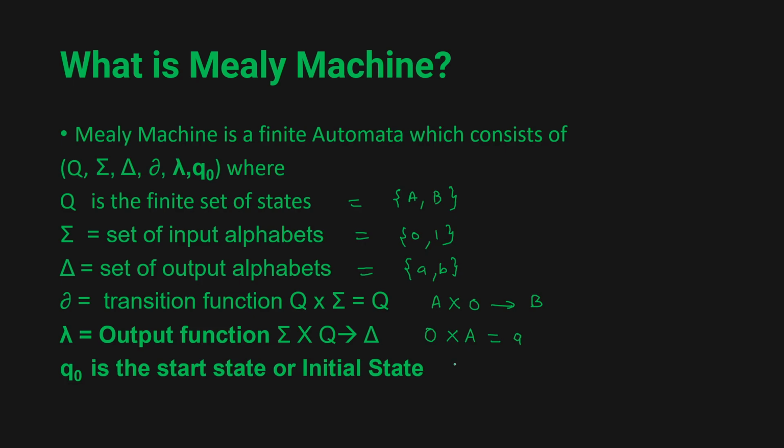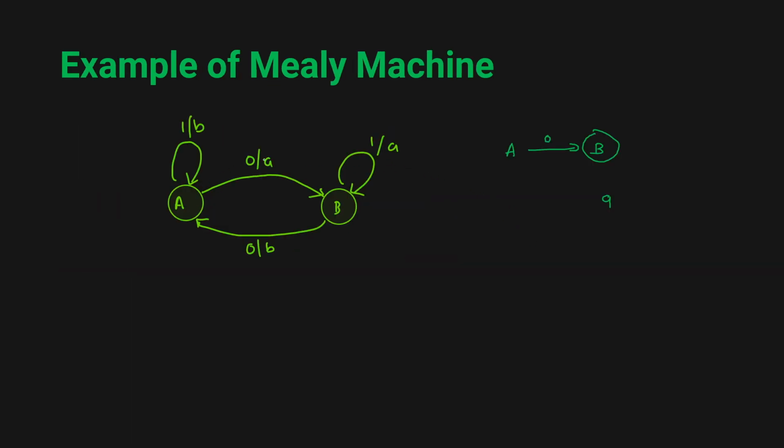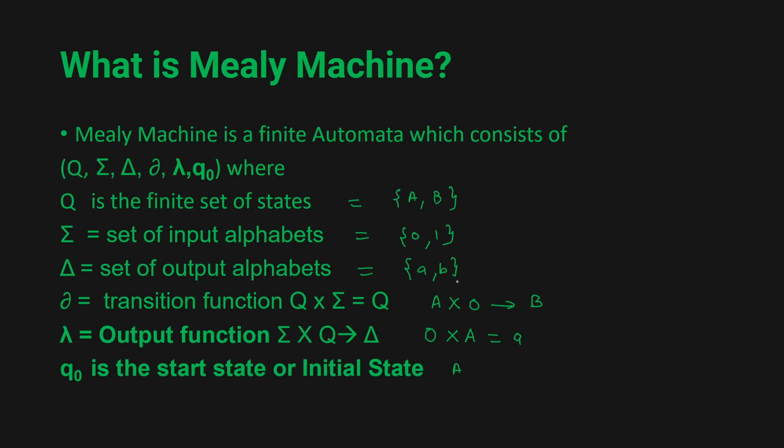So over here, let's say our starting state is A. So this is what Mealy Machine is. Over here, you're not just changing the states, you're going from one state to another and you're getting a different output also. So in Mealy Machine, the output, that is the alphabet, is dependent on the starting state as well as what the input alphabet is going to be.